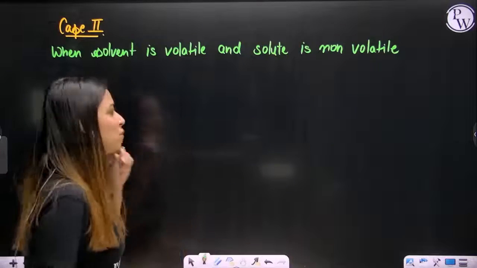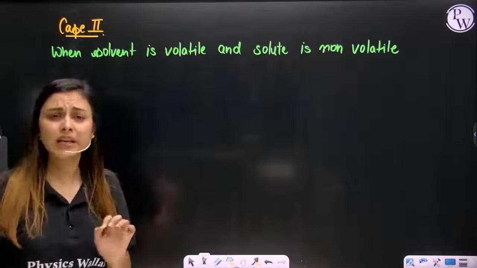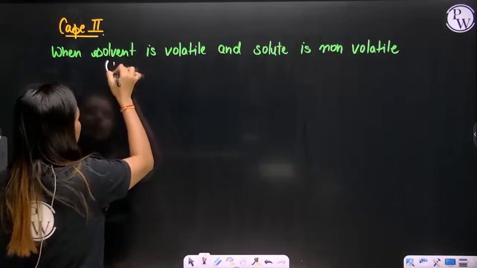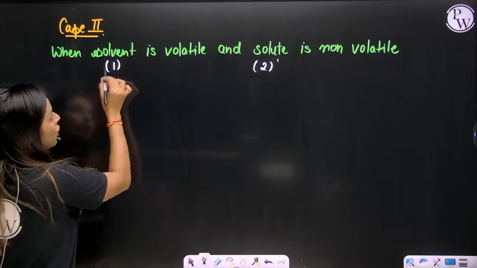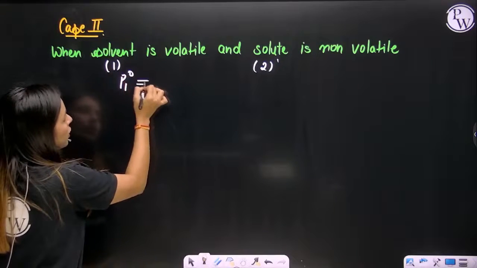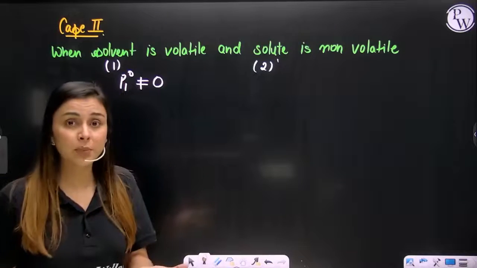So now, my dear students, if this is the case, let us call the solvent 1 and the solute 2. If the solvent is volatile, then P1 naught will not be equal to 0 because it is volatile, it will form vapors, right?